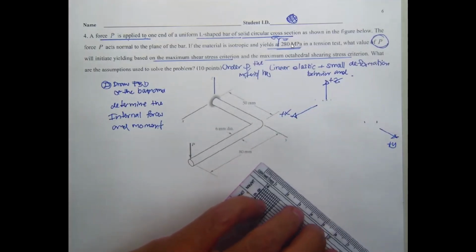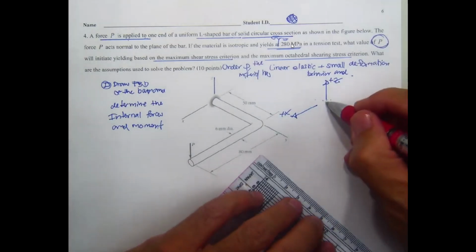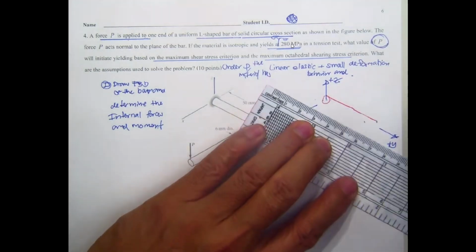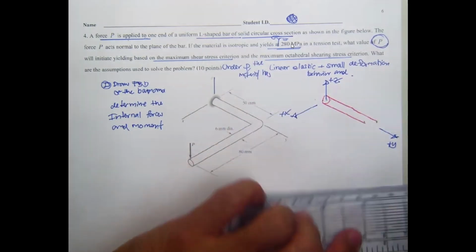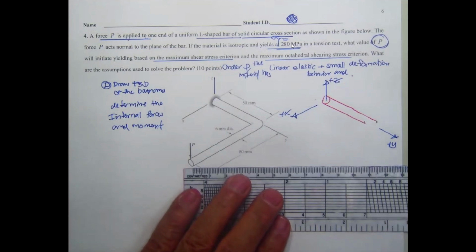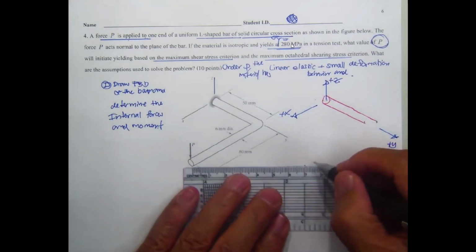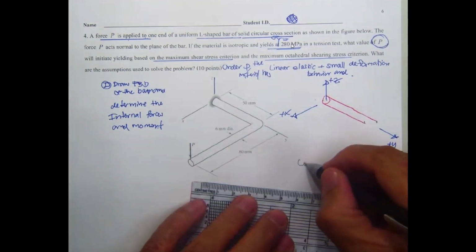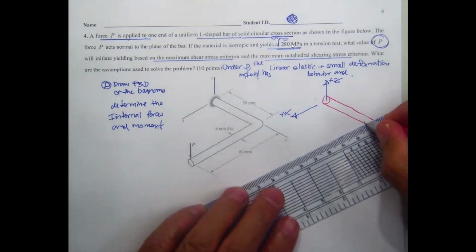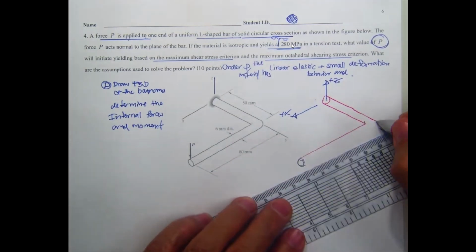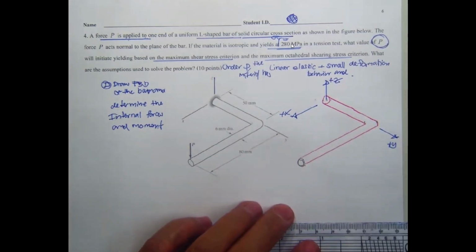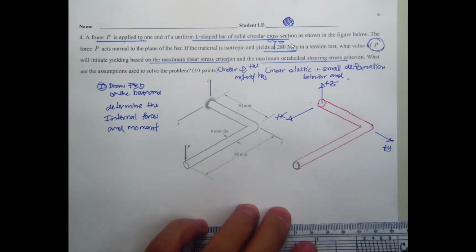And then we have the section over here. Make a copy. We have the circular section over here, draw the line link over here, and then draw the line link over here.